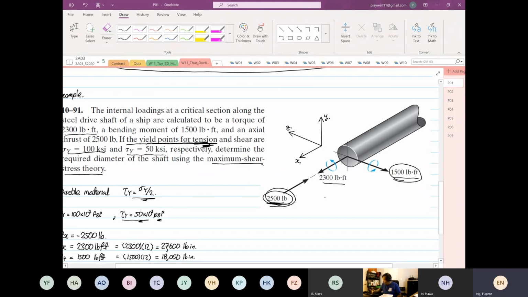Remember how we calculate? We calculate stress X is equal to minus Px over A, yes or no?